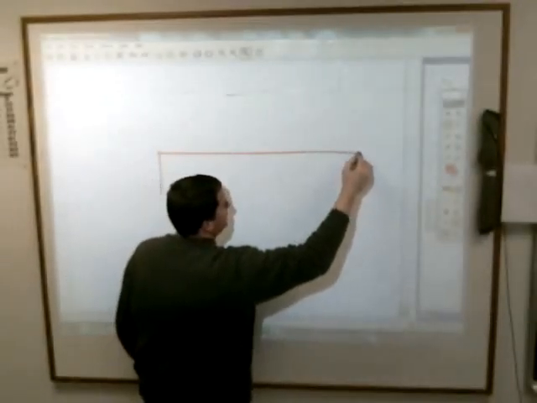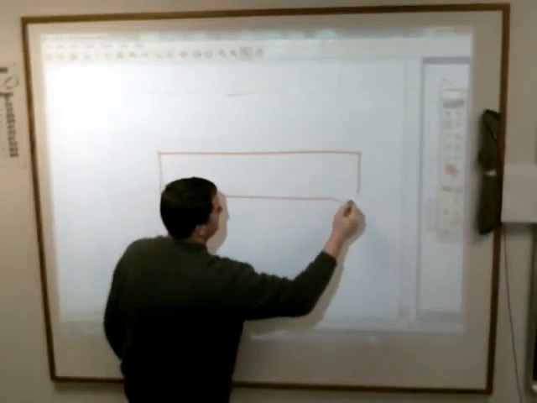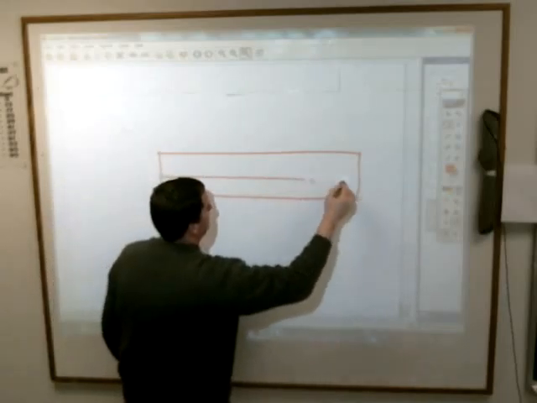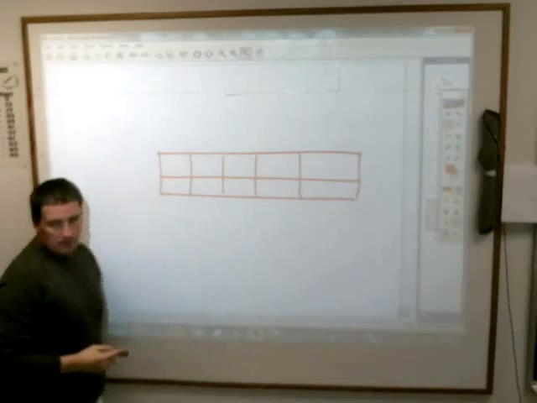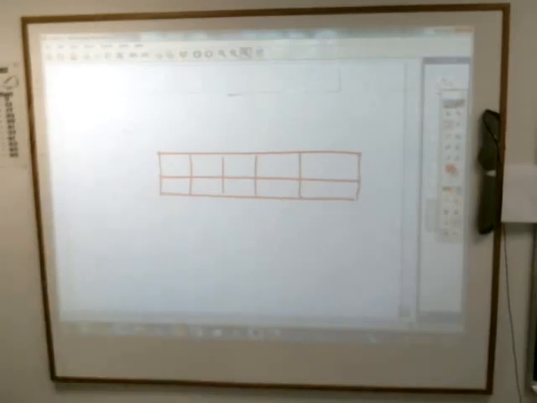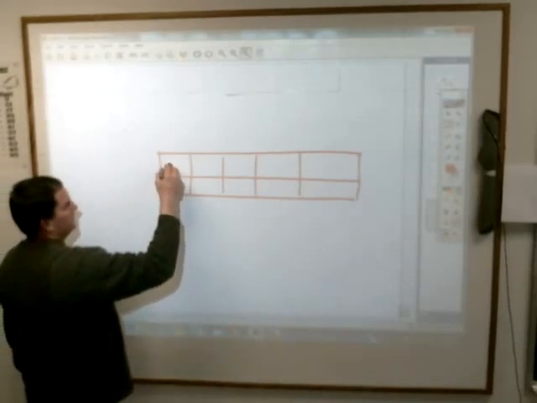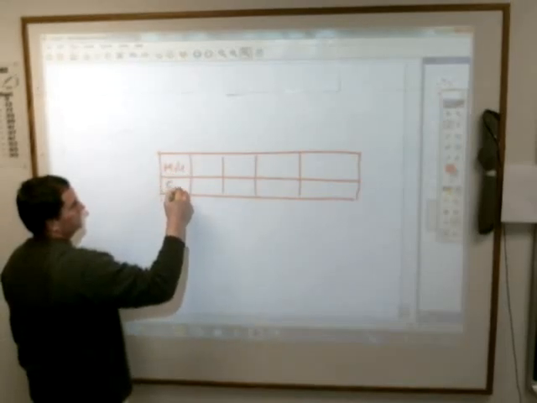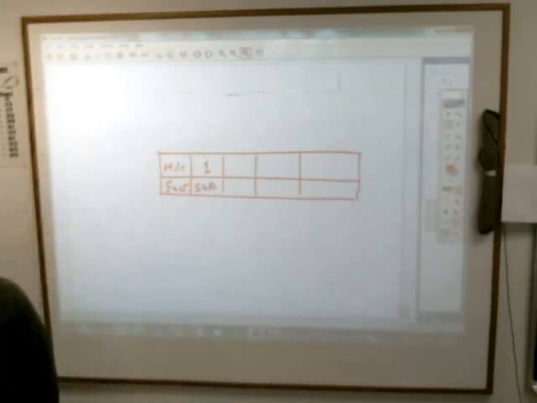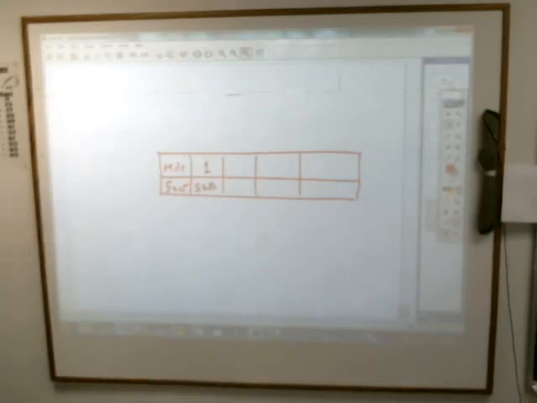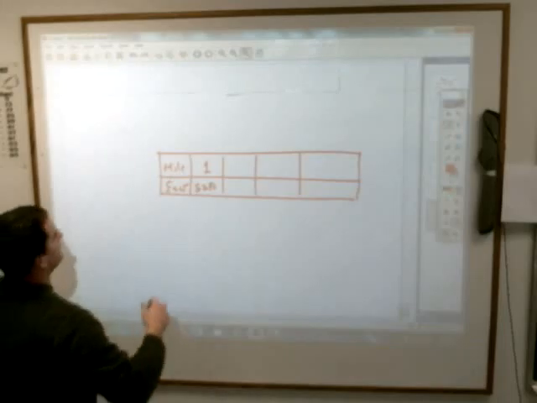If you look at example letter B, they give you a table that compares miles to feet. 1 mile is 5,280 feet. Is that what they're saying? Oh, no. Sorry, I gave you the answer there.